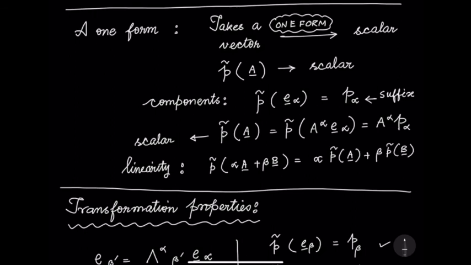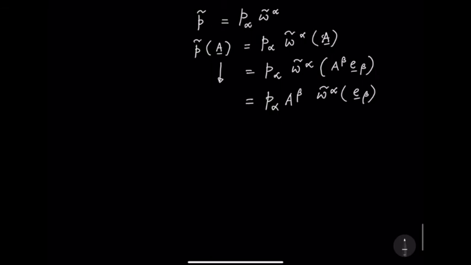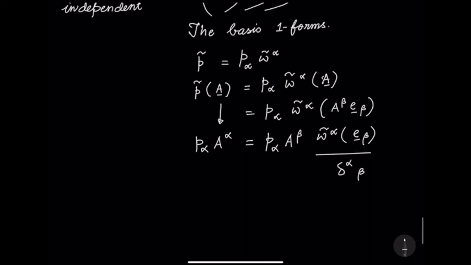The left hand side we have already seen is A alpha P alpha, when I do P on A. So this is, say, P alpha A alpha, doesn't matter which way you write, which is telling you that this has to be delta alpha beta. So you get the relation between the basis of the one form and the basis of the vector, they are essentially delta alpha beta.